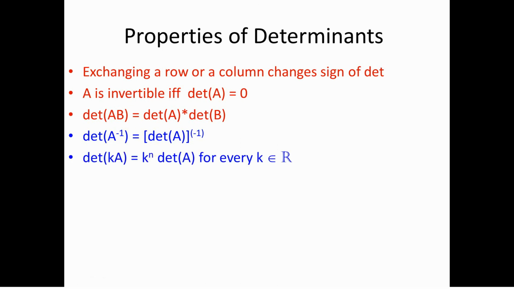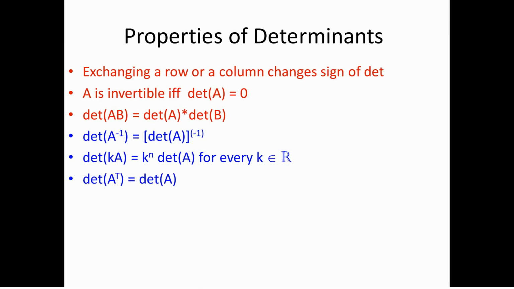The determinant of a scalar times a matrix is equal to the scalar raised to the nth power times the determinant of A. It's true for every real number k. And again, you can verify that by induction. You can prove that by induction. And I would suggest that you do so. Okay.